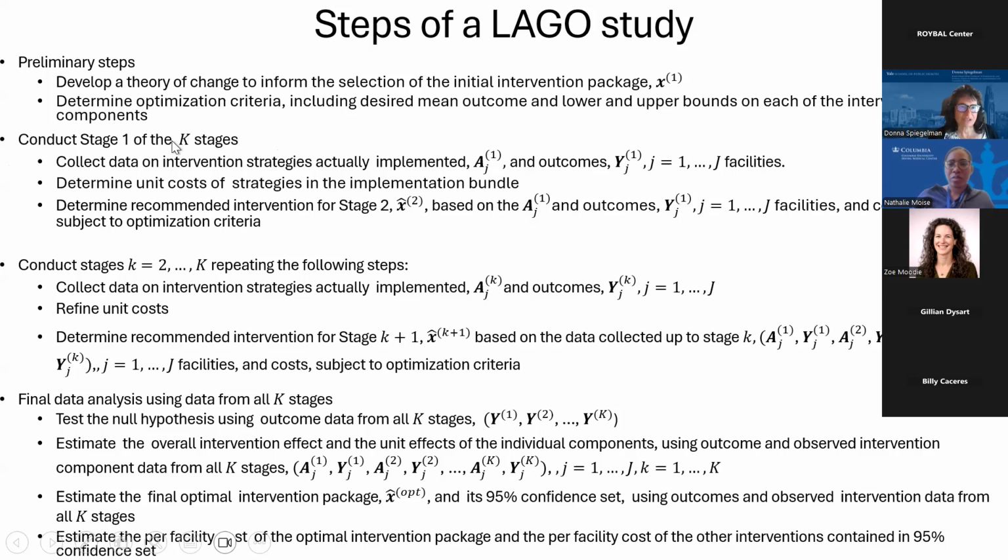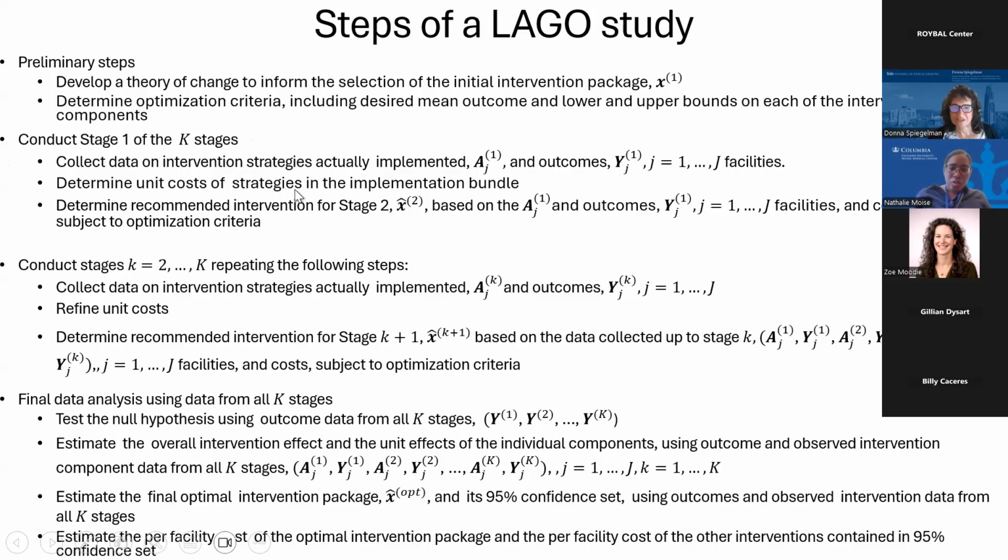Then we conduct stage one of the K stages. We collect data on the intervention strategies actually implemented. So this would be A sub j in facility j of big J facilities at stage one. And so that's where the little k is. And then the outcomes: we have the Y in each one of the facilities at stage one.